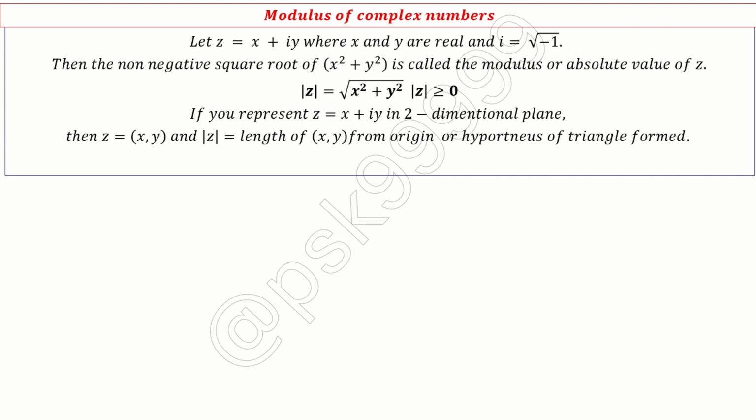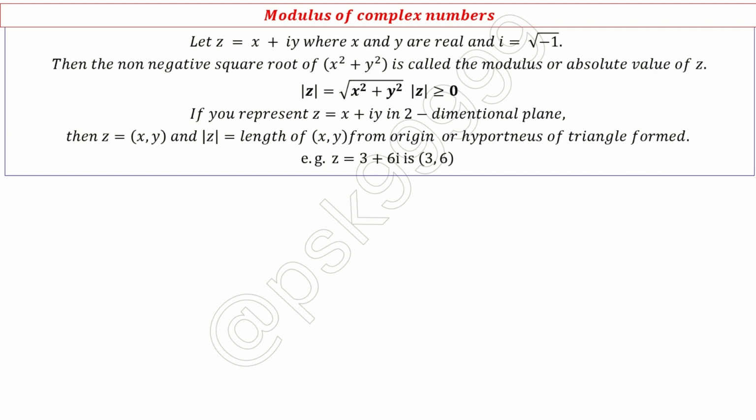If you represent x plus iy as z, then in a two-dimensional plane, z equals x comma y. Modulus of z is the length of x comma y from the origin, or the hypotenuse of the triangle formed with that on the x-axis. So if you take z as 3 plus 6i, then we can represent it as 3 comma 6 in a two-dimensional coordinate plane.